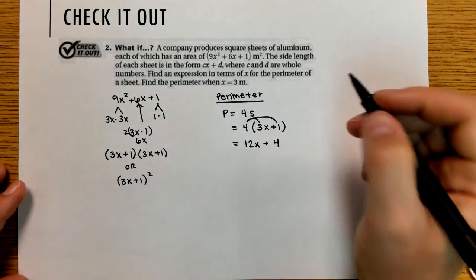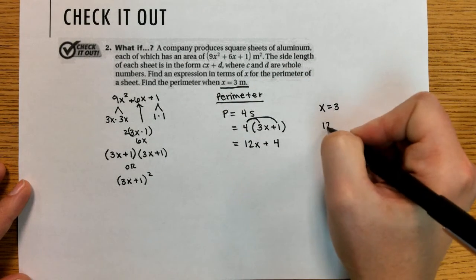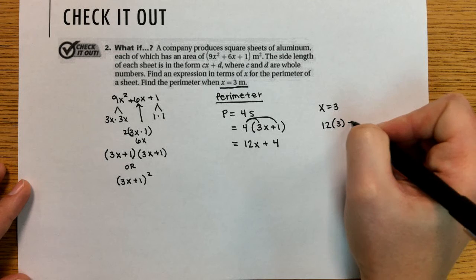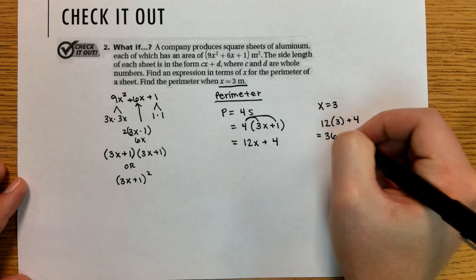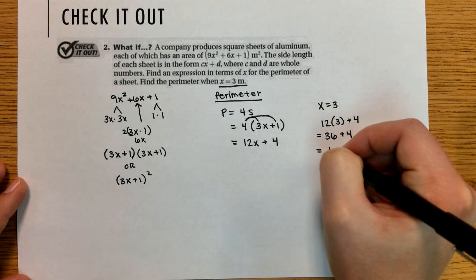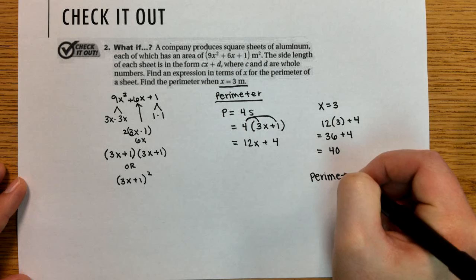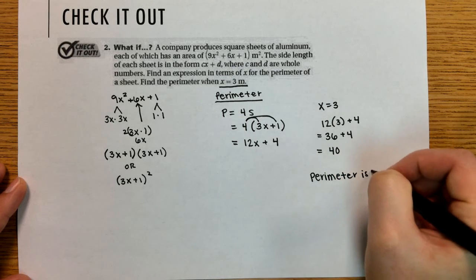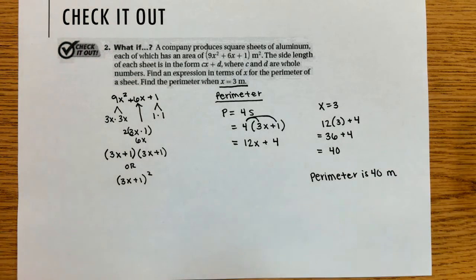Then we're going to evaluate this for when x equals 3. So we're going to have 12 times 3 plus 4. 12 times 3 gives us 36, and then 36 plus 4 gives us 40. So the perimeter is 40, and then our label would be meters. So 40 meters.